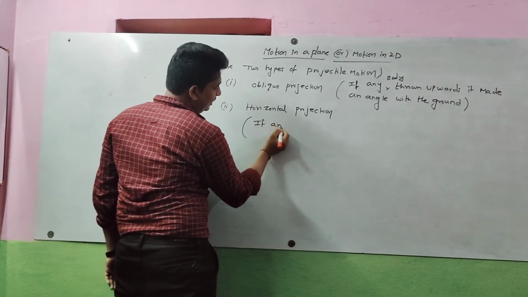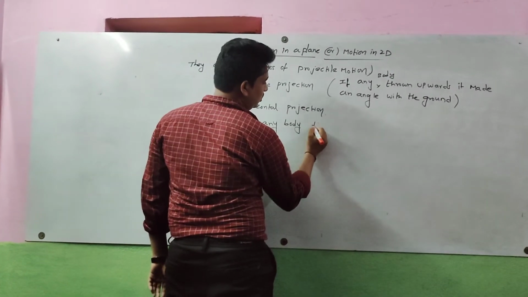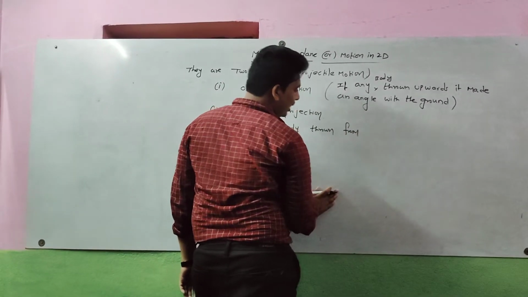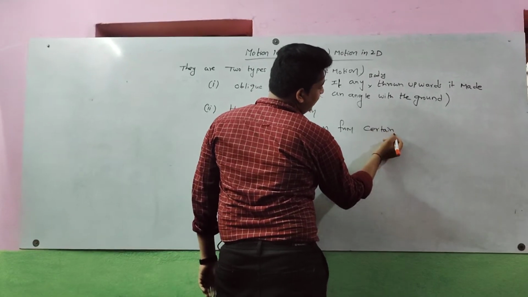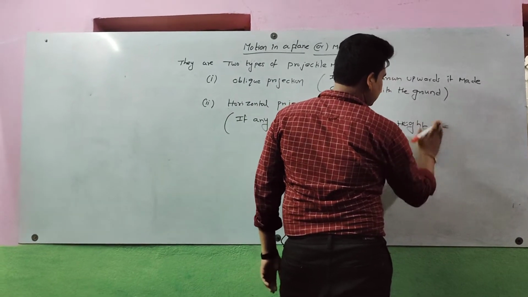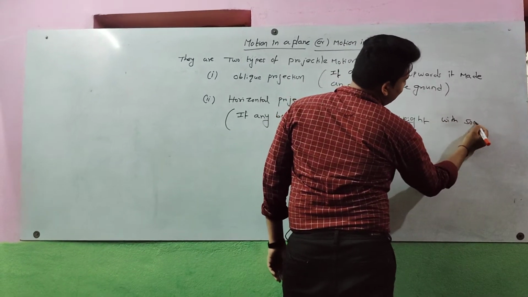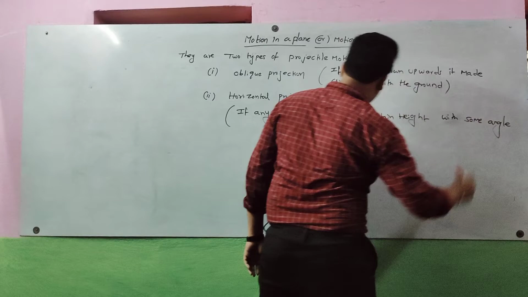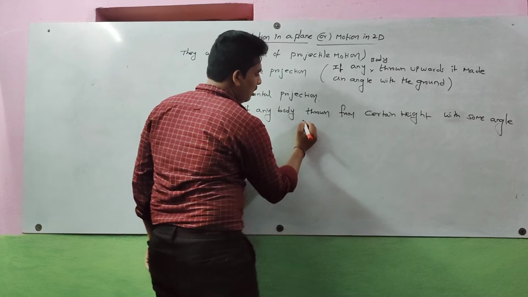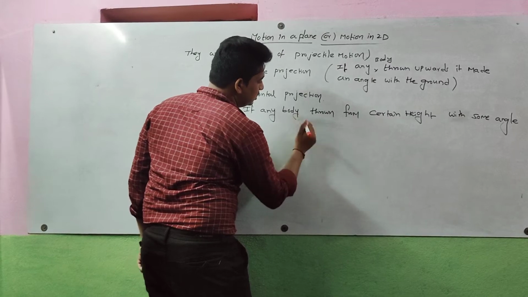If any body is thrown from a certain height, thrown upwards or thrown downwards, we consider thrown downwards.